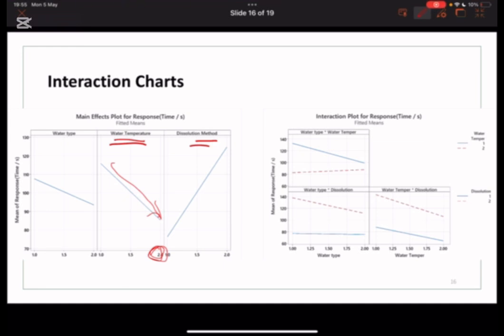However, no interaction is observed between water type and stirring, meaning the benefit of stirring is constant regardless of water type. These insights suggest that combining stirring with warm water yields the most efficient dissolution process.